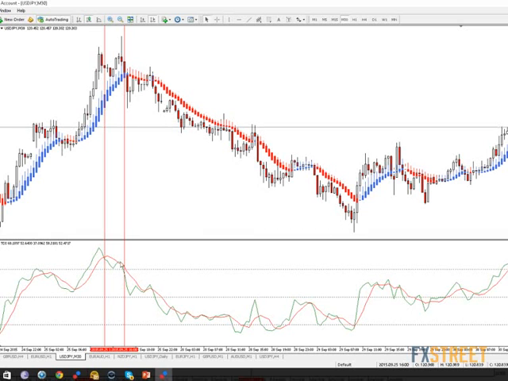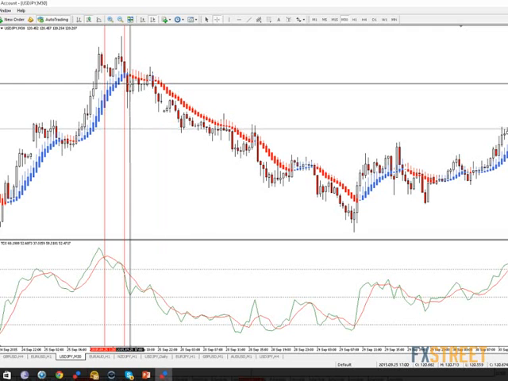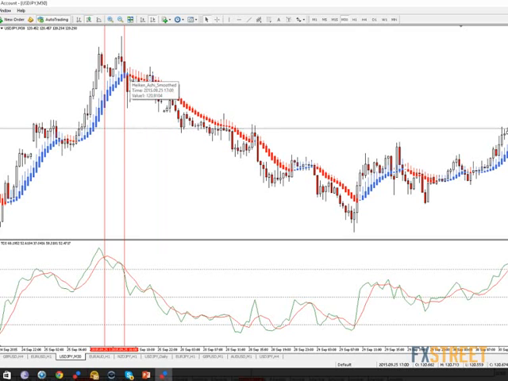Another cross while green was above 68. 1, 2. This is your short signal here. This candle, because it's the second candle which closed red. So the Heiken Ashi smoothed closed red 2 candles after this cross. So this was your signal here at this price.